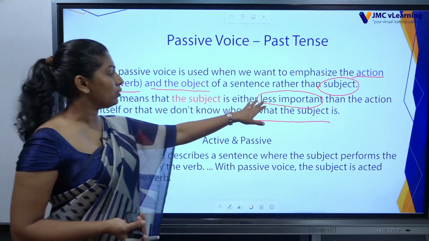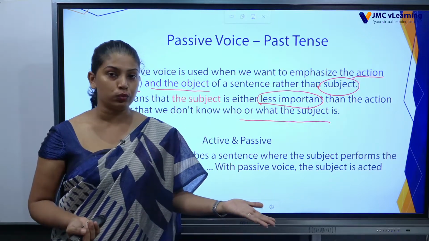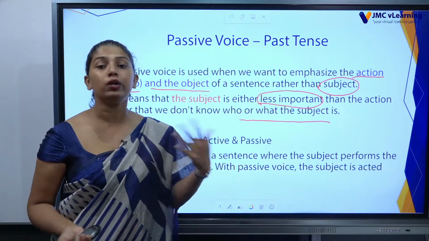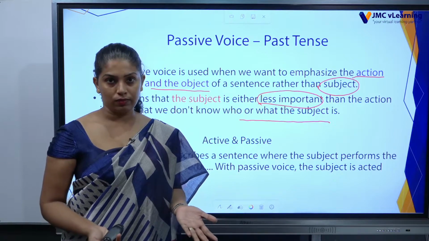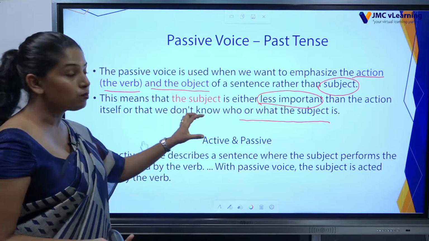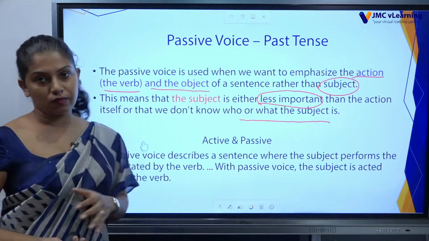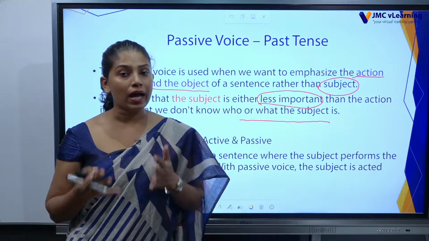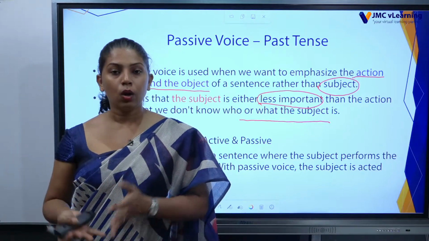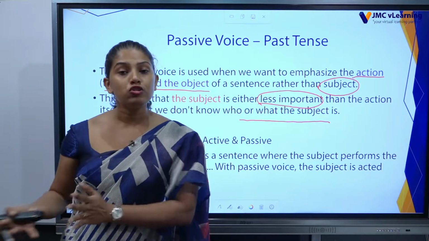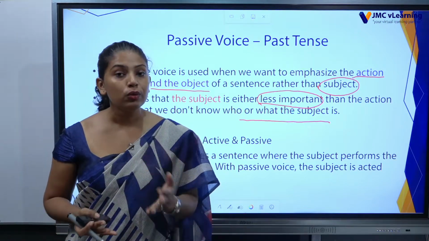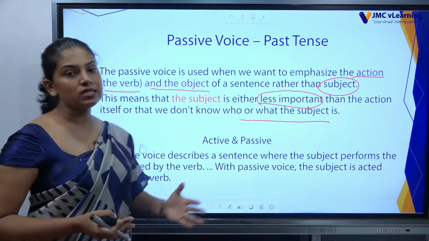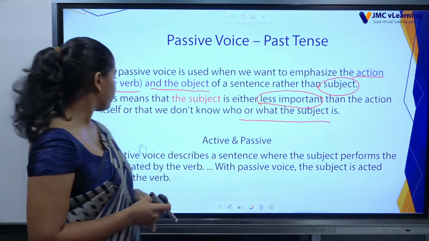Either we need not highlight the doer, or we don't know who the doer is. So at that moment we want to use passive voice. If you don't know who has done a particular action, or if you don't want to mention who has done it, you can use passive voice rather than active voice.